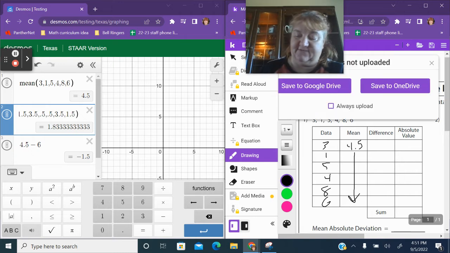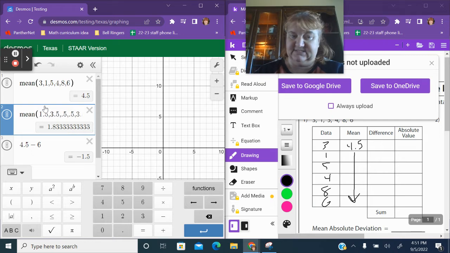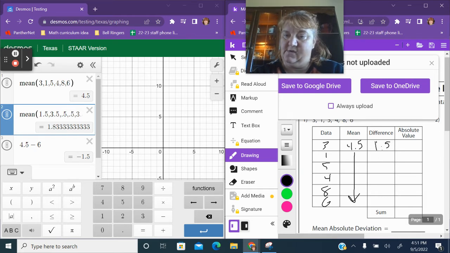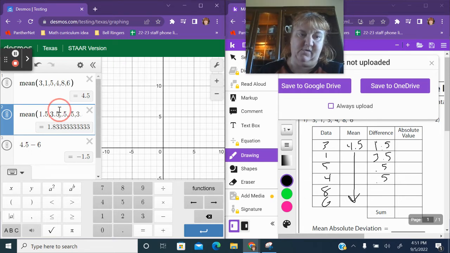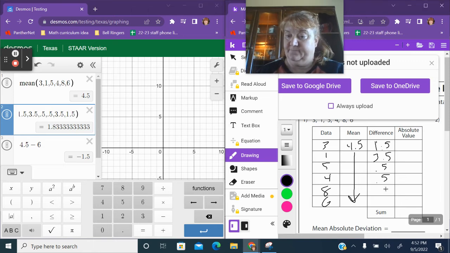So then my difference, if you remember, we did the difference up here. Let me go over it so you can see it. My differences were 1.5 and then 3.5 and then 0.5, 0.5, 3.5, and then 1.5.